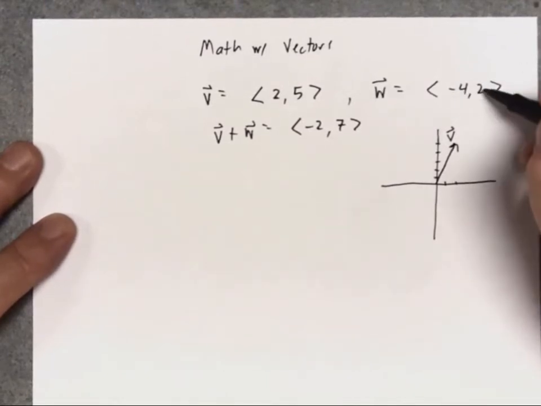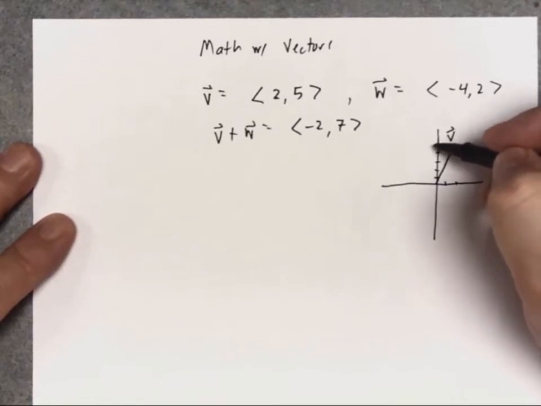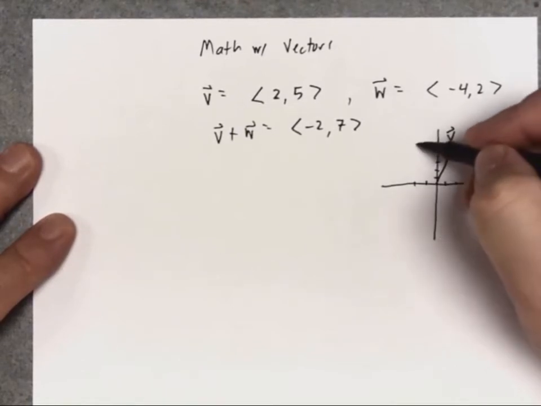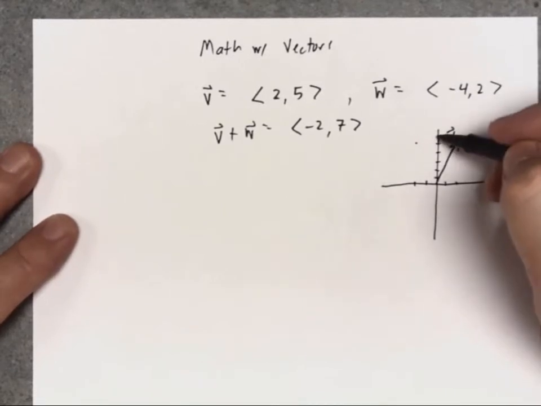So in this case, <-4, 2>, I'm going to go -1, -2, -3, -4, and then 2.